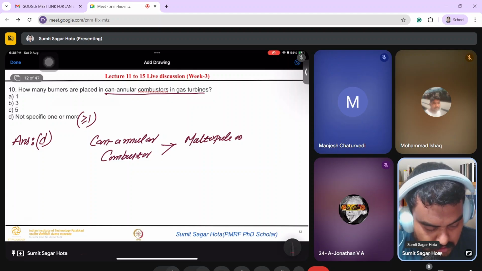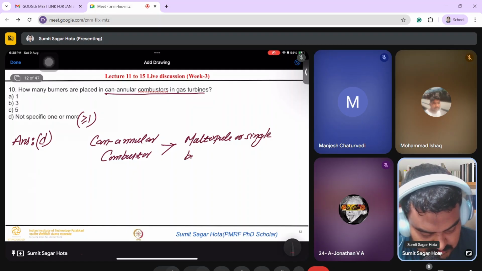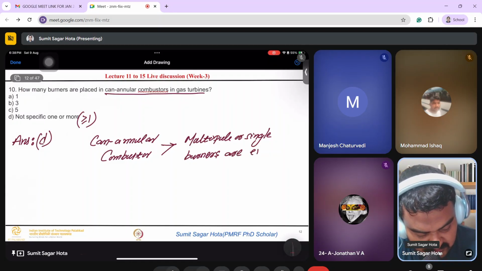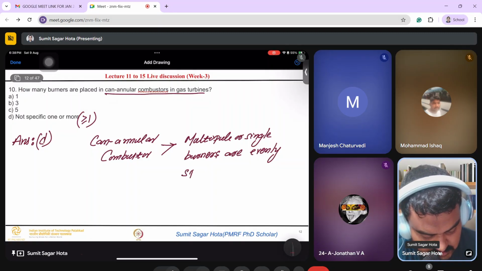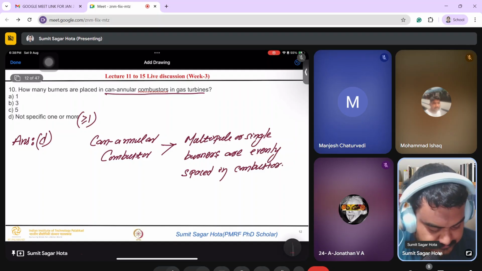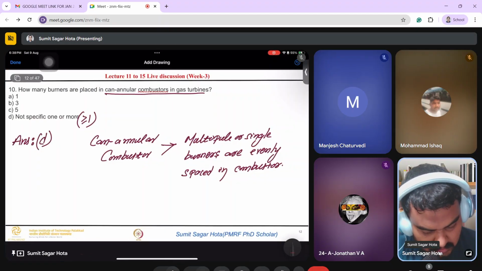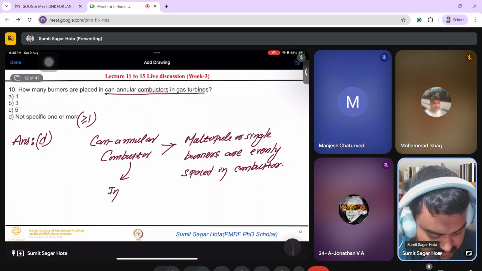Multiple or single burners are evenly spaced in the combustor, and this is actually only used in gas turbines.